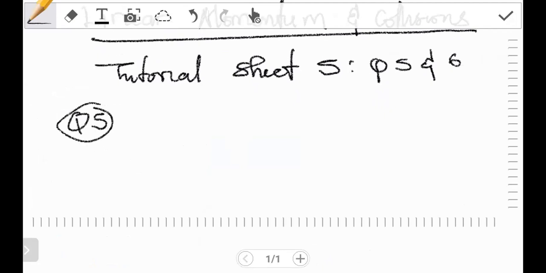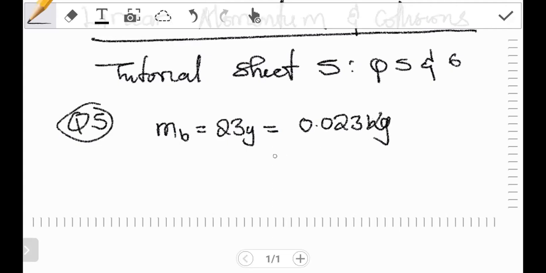From the first part, we're saying a 23-gram bullet. I'll use small letter b for the bullet and capital letter B for the block. So this is a bullet of mass m_b, 23 grams. If we convert this to kgs, this becomes 0.023 kg. Then we're saying it is traveling at 230 meters per second.